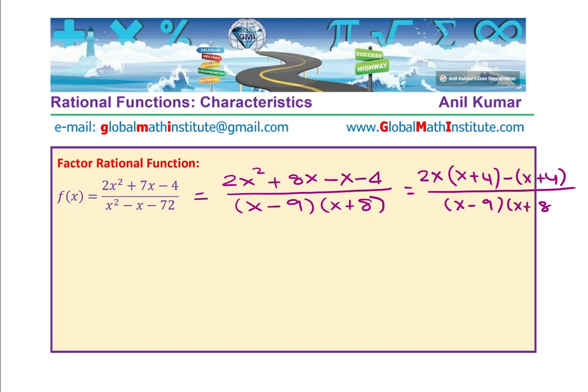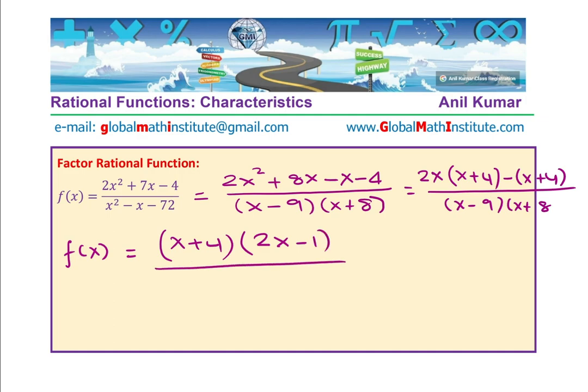So finally, I could also write this function f of x as equal to x plus 4 times 2x minus 1 over x minus 9 times x plus 8, right?